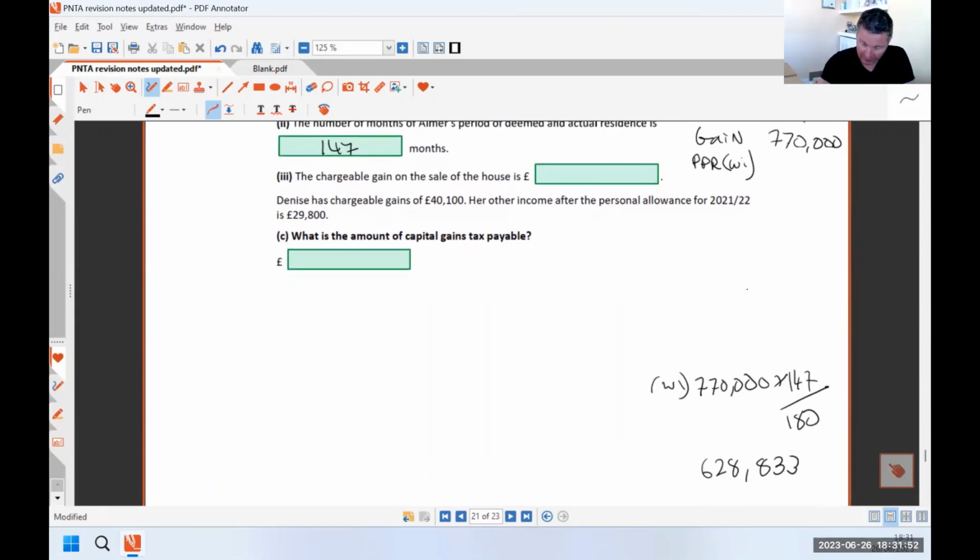So we can take that off. 770,123 minus 628,833 gives us a gain of 141,167.